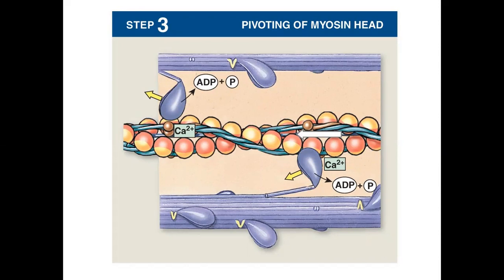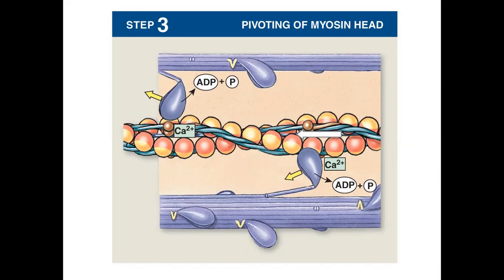And when the inorganic phosphate leaves, it causes a transformational change of the myosin molecule, so that the myosin molecule will bend itself. But as it bends, it is still stuck to actin. Because of that bending, it will pull the actin in this direction, as the arrow says. When it pulls it, that power stroke of bending will cause the ADP to be released.